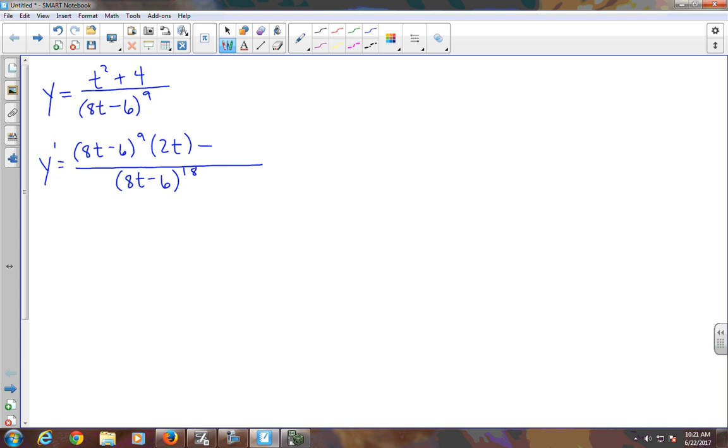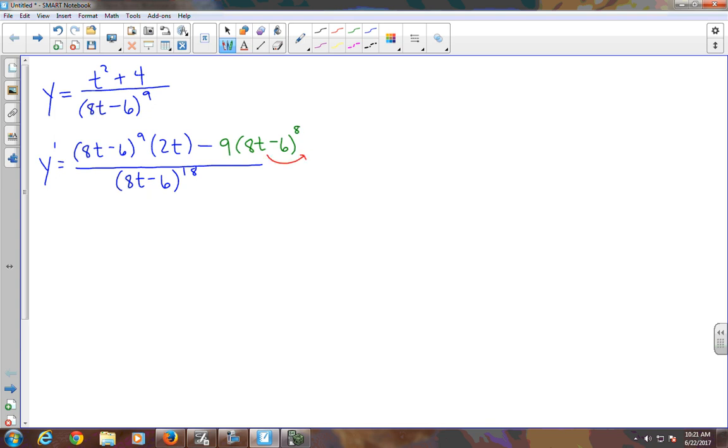Now here's the part where we're going to have to apply the chain rule, because notice when I differentiate the denominator, it's a function of t raised to the 9th power. So I'm going to begin with the power rule. That is, I'm going to bring the exponent down in front. I'm going to be really patient to keep the base the same here while I decrease the exponent by 1.